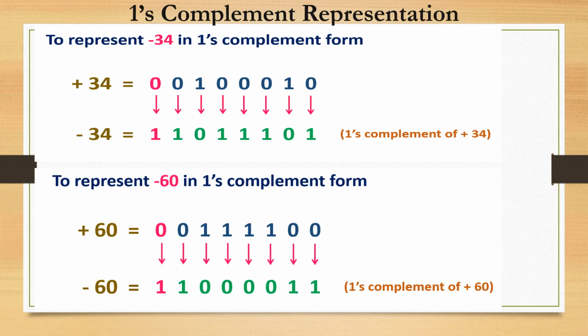Okay, so the positive 34 is converted into the ones complement. How do we do that? We just convert 0 to 1 and 1 to 0. Now, how do we get minus 60 in ones complement? First represent plus 60 in the binary number system, and then convert 0 to 1 and 1 to 0, and that's how we get minus 60 in the ones complement format.